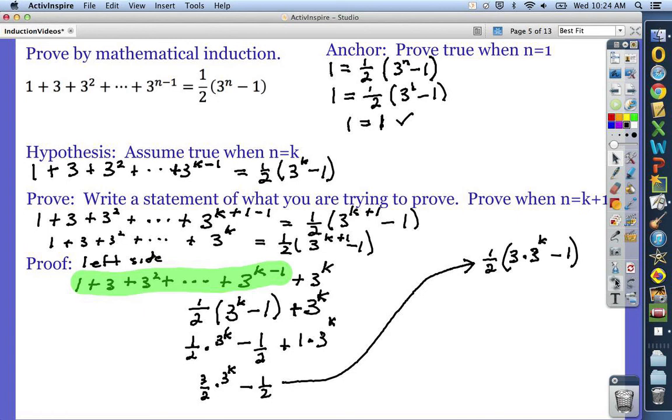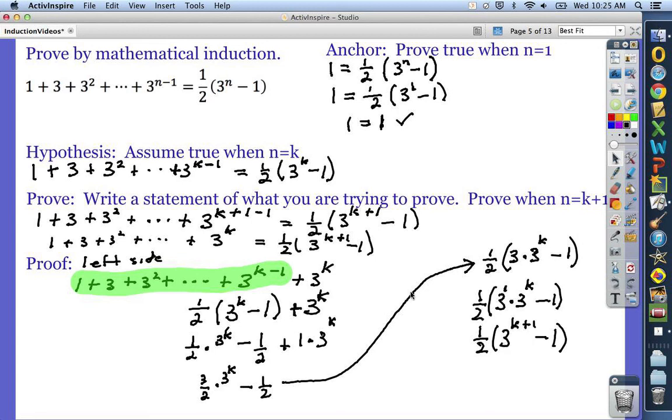So that's what we get there. Now to combine the 3 times 3 to the k, think about 3 as 3 to the first, and then still times 3 to the k. Then think of your exponent properties. When you're multiplying numbers that have the same base, keep the base and add the exponents, which gives us 3 to the k plus 1.